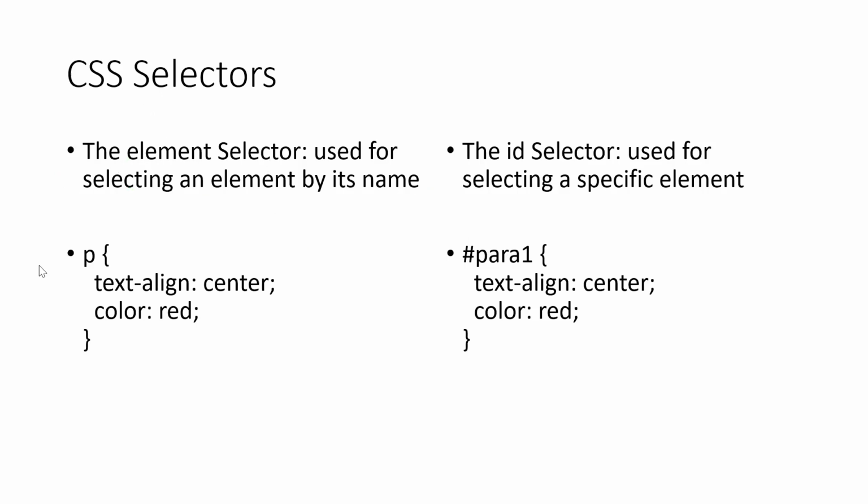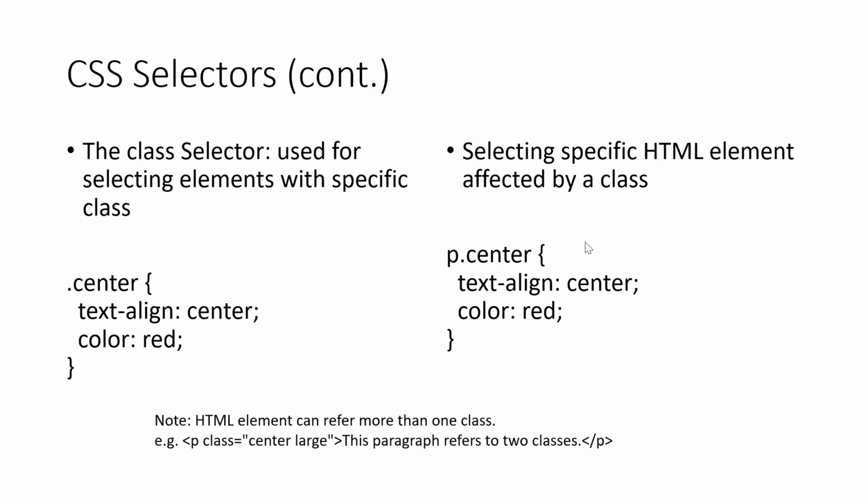We call it an element selector, like H1, P, and so on, so we can simply put their name here. Then we have a special ID selector where you use a hash mark with the ID name, and then we use it for its particular properties and values.